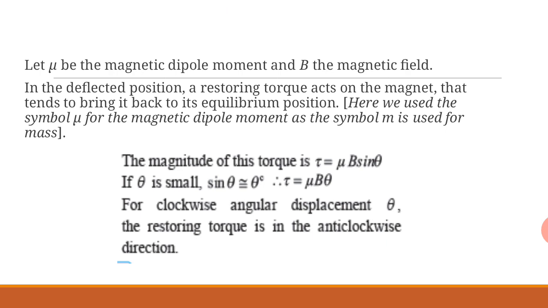Here we use the symbol mu for the magnetic dipole moment, as the symbol m is used for the mass. So the magnitude of this torque can be written as mu B sine theta.